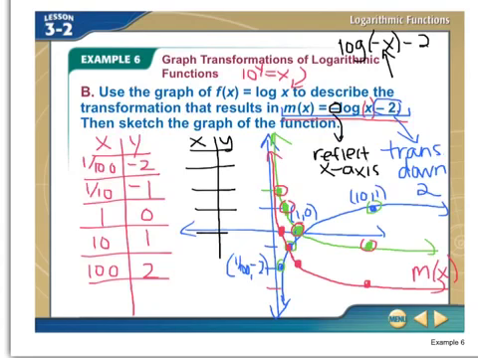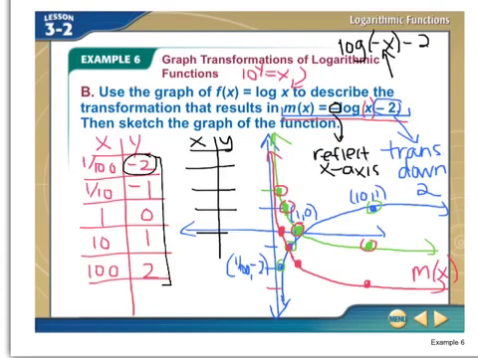So what you're thinking about here when we make this table is just with the reflection over the x-axis, what happens to all these y values is they change sign. So over here I would have a y coordinate of 2 and 1 and 0 and -1 and -2.